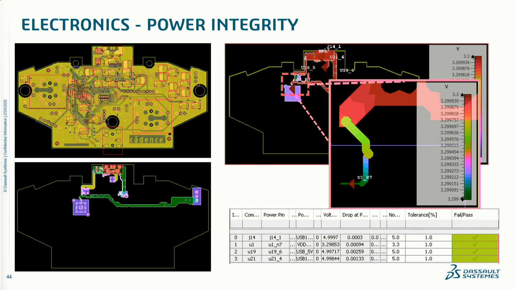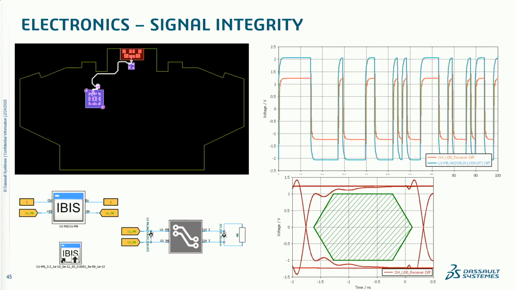It's very, very small voltage drops, like a millivolt in there, but what's important is we can very quickly see the power at every single pin on that chip and find out whether or not it meets the tolerance that we need on it. And in a nutshell, that's power integrity.